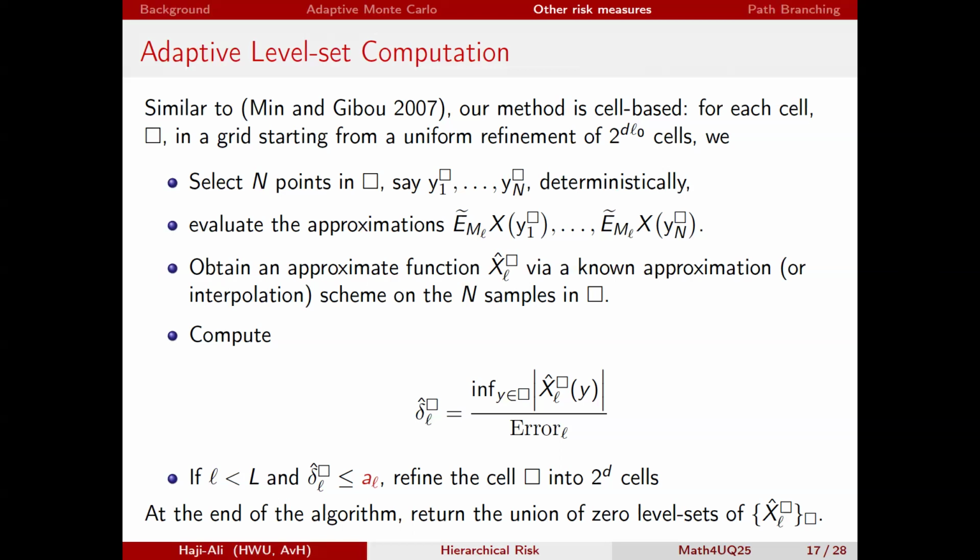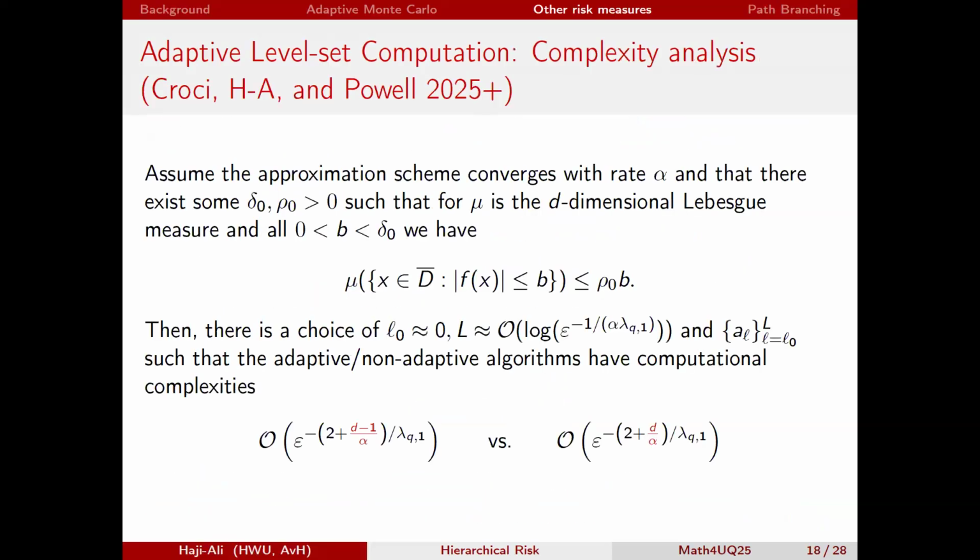And then using a similar refinement criterion, depending on the distance to the discontinuity, in this case 0, divided by the error, again the same as before, we can also decide if we want to refine based on a sequence. And it turns out that under a similar assumption to before, of essentially bounding, rather than the probability of being on the boundary, the Lipschitz measure of being on the boundary or close to the boundary, then you can get an improvement in the complexity.